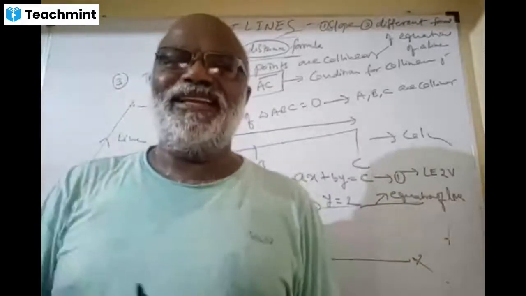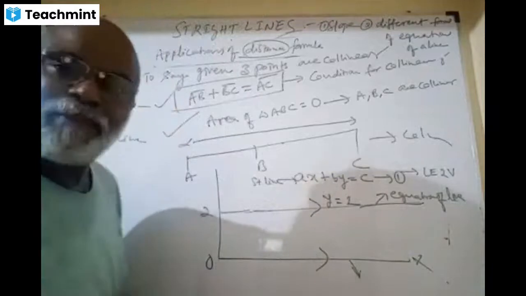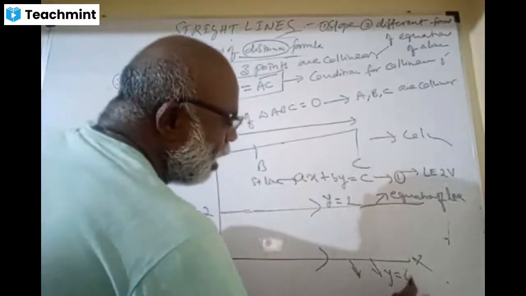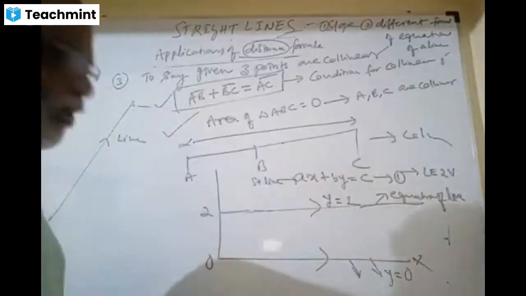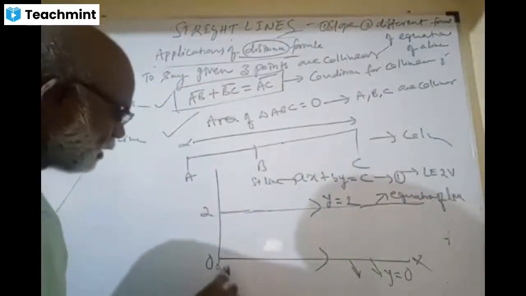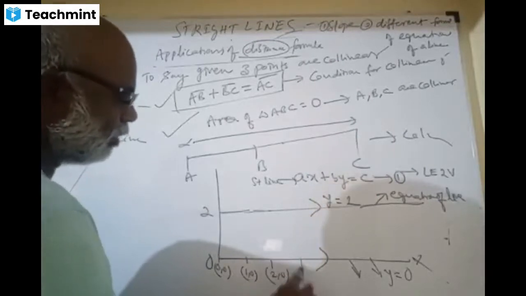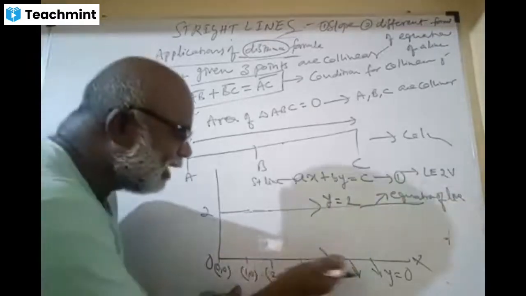Friends, how do I describe the x-axis mathematically? Y equal to 0. On the x-axis, who is 0? Y is 0. This is called 0, 0. This is called 1, 0, 2, 0, 3, 0.